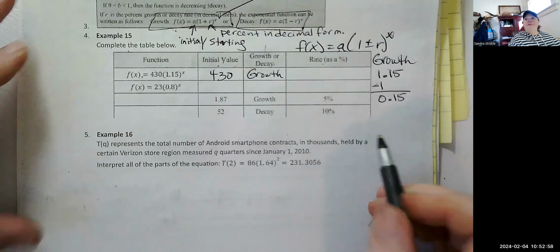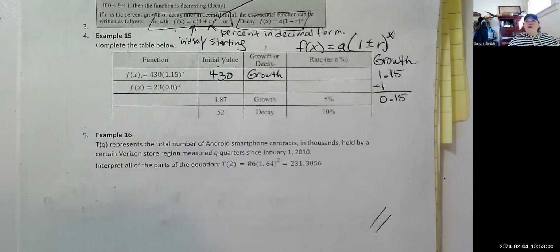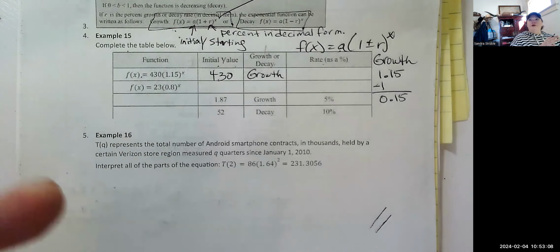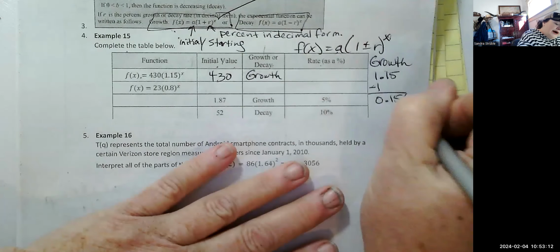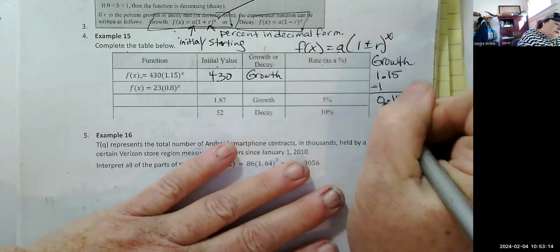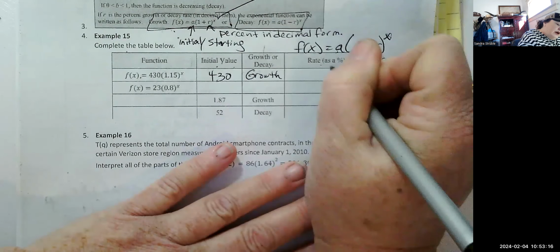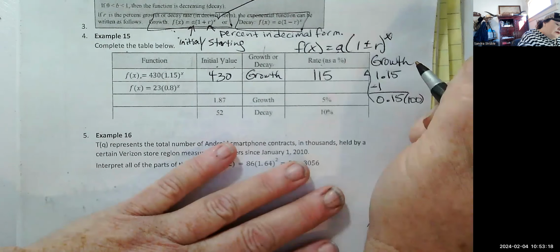To change from a percent to a decimal, I told you earlier, you divide by 100. To go from decimal to percent, you do the opposite or inverse of division, which is multiplication. And we're just going to multiply that by 100. And we're going to write 115. I'm sorry.